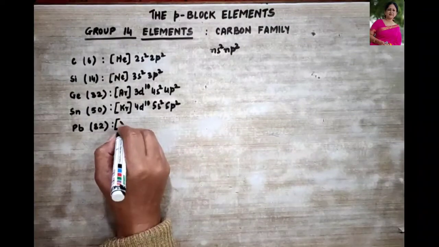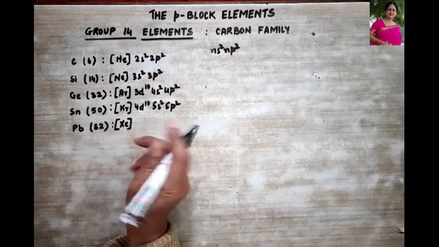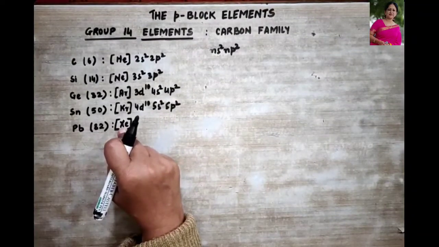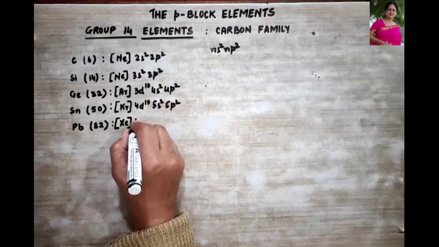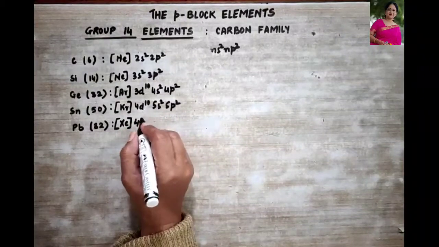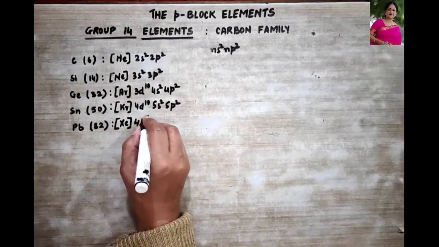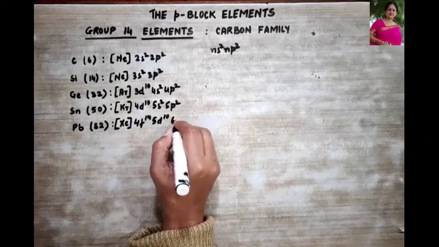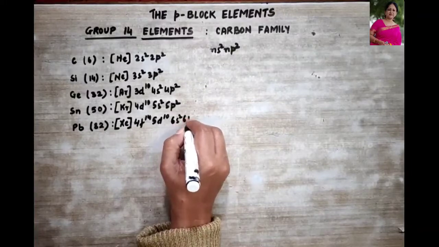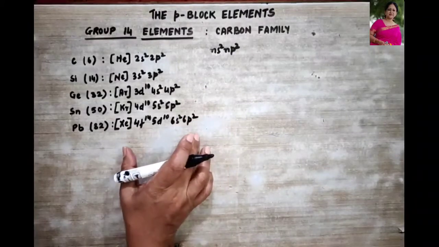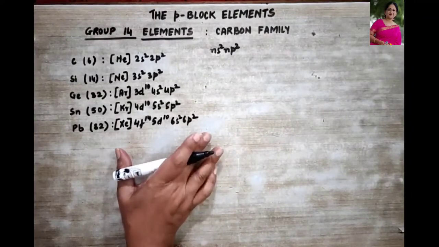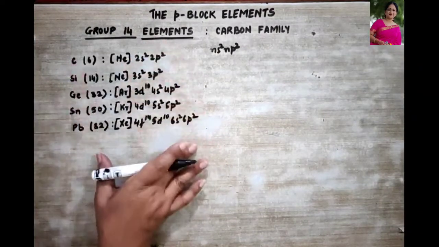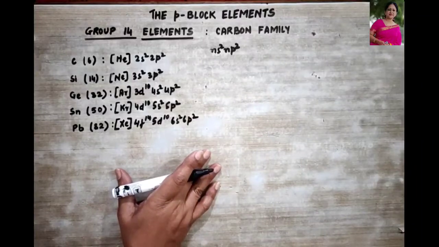So over here, xenon is the noble gas configuration with atomic number 54. Then it is going to first enter the F orbital, that is 4f14, then 5d10, then 6s2, 6p2. So this is the configuration for lead. I hope this is very clear to all of you, how to do the configuration of the respective elements.